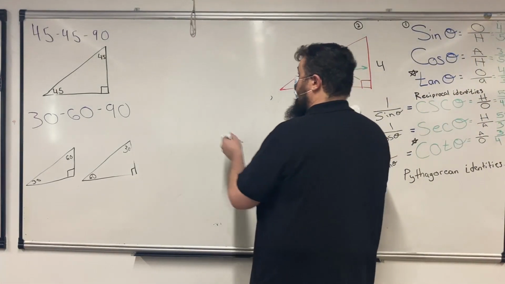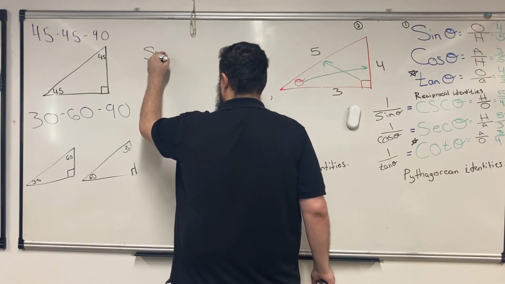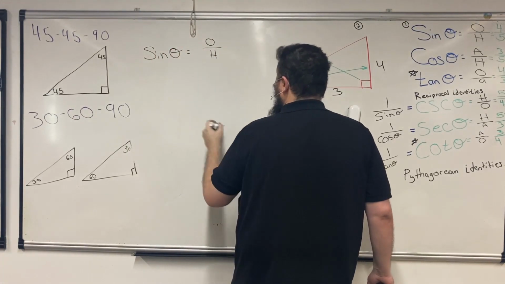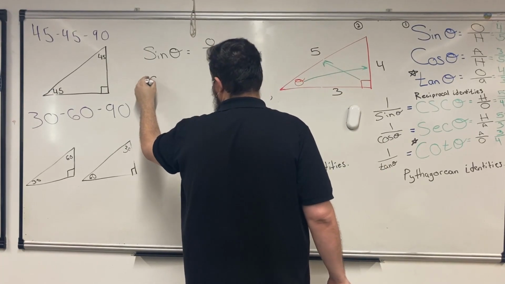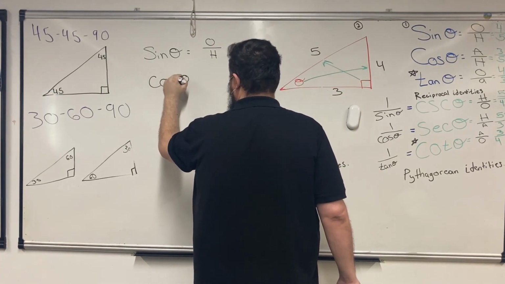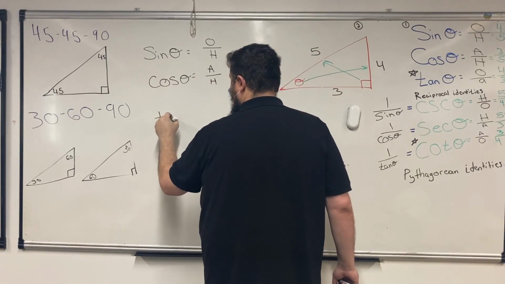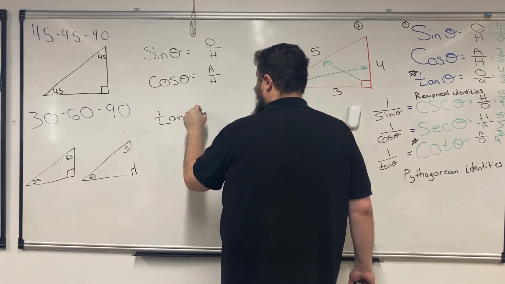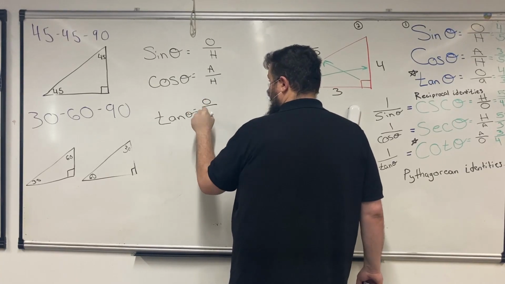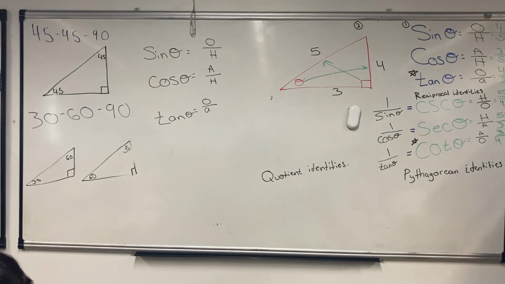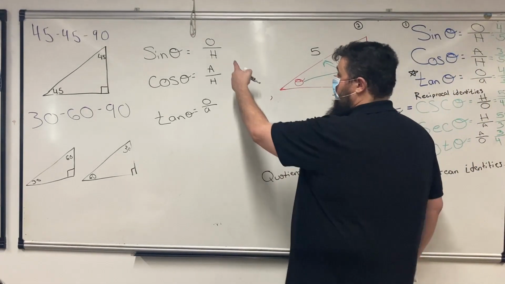So we're going to do this in 2 charts. We have sine theta is equal to the opposite over the hypotenuse. And we have cosine theta is equal to the adjacent over the hypotenuse. What's going to happen if I put sine divided by cosine as far as these are concerned?